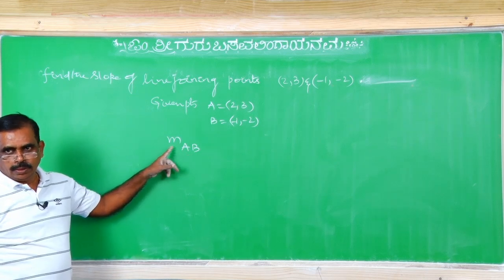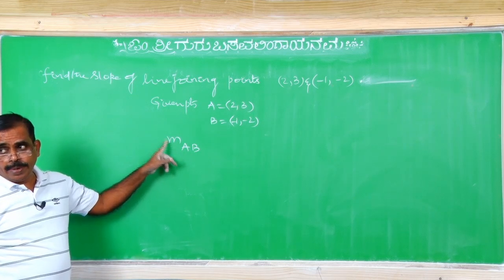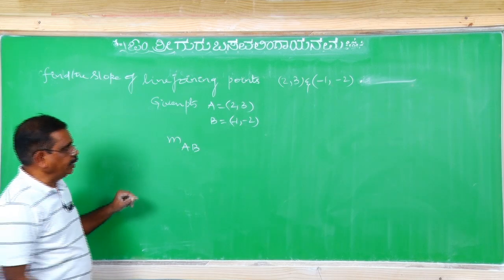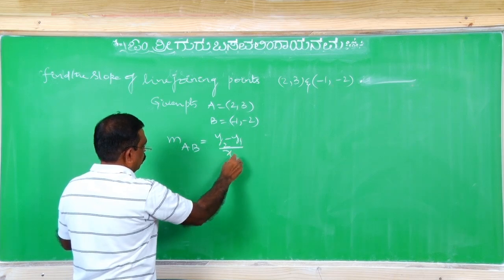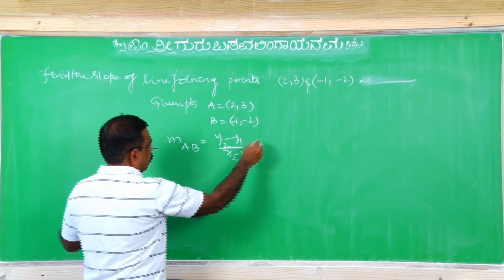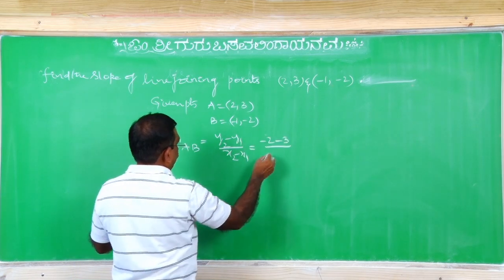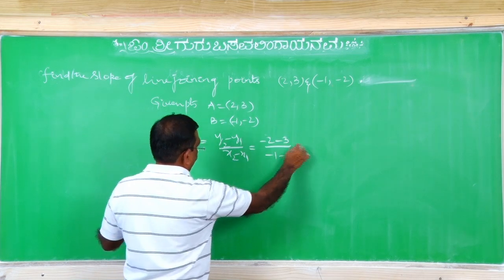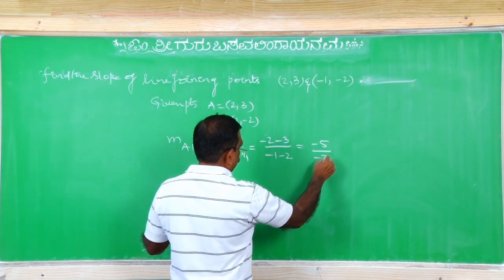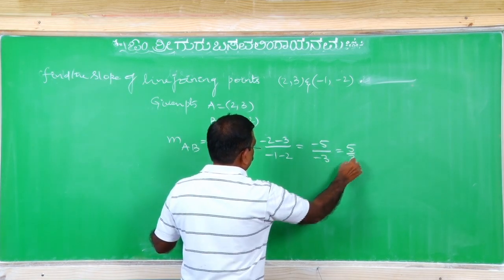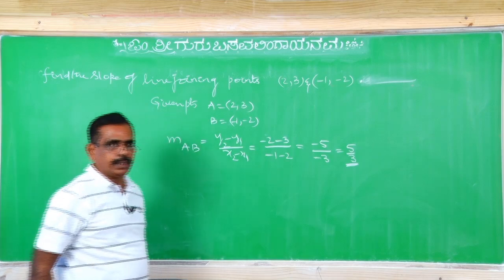MAB means slope of AB. Slope of AB is equal to, formula is what? -2 minus 3 by -1 minus 2. How much? -5 by -3, which is equal to 5 by 3. Write down. Next.